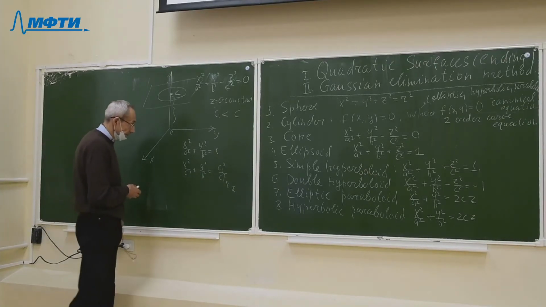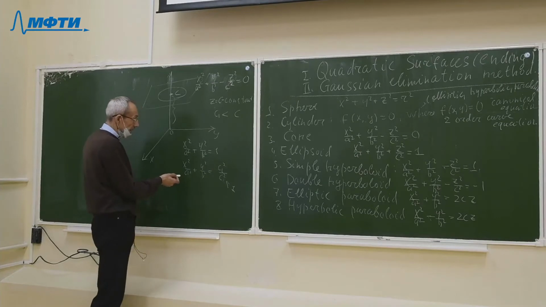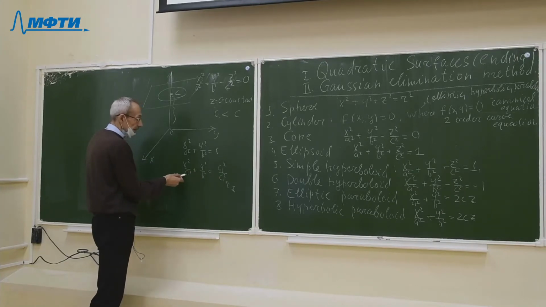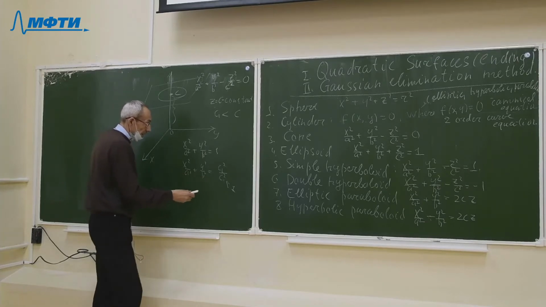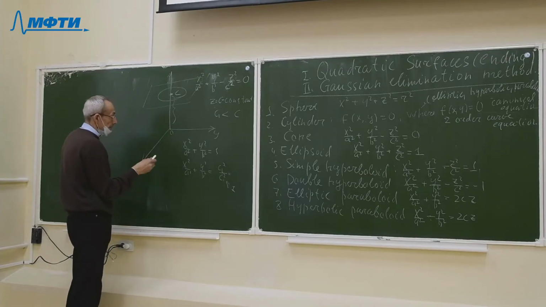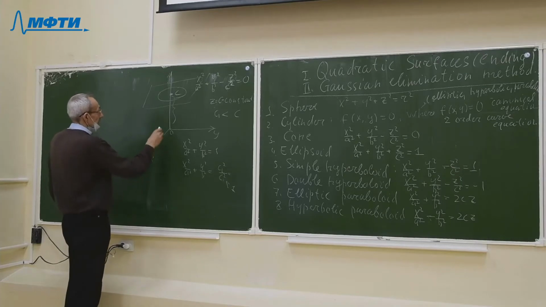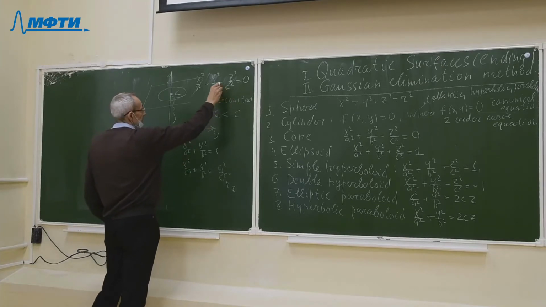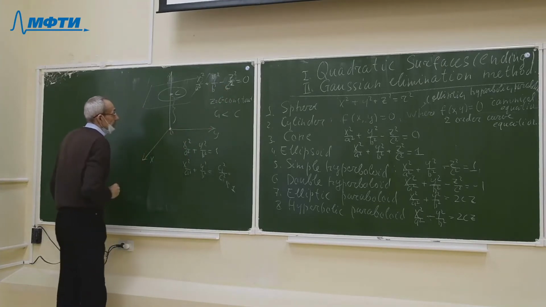In this case we can divide the left and right sides by this constant, and we obtain an ellipse which is smaller than the previous one. And in the case when this constant is equal to 0, we obtain a point.